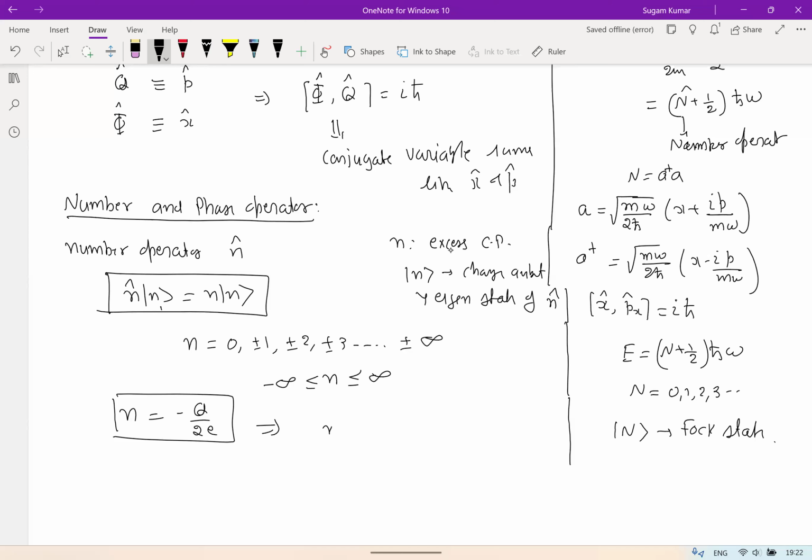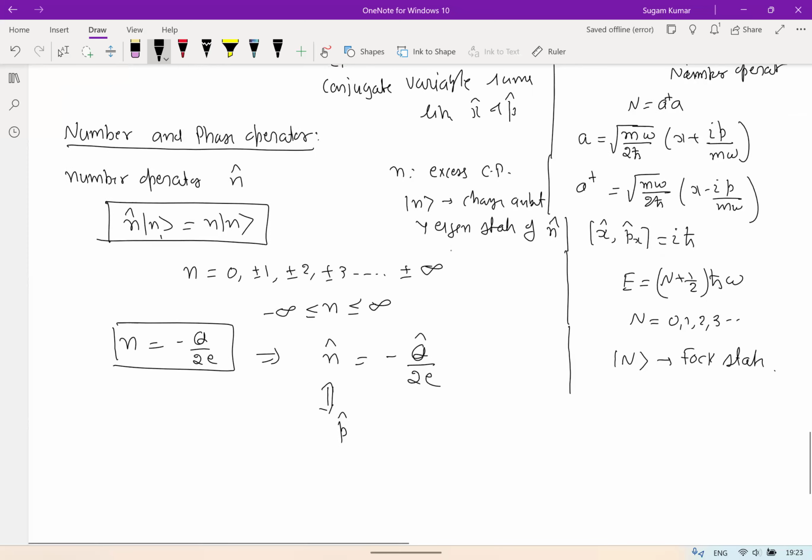But if you write the same in the operator form, in principle I can say this is again equivalent to a p operator. And of course, we already know about this phi. The phi is equal to capital phi upon phi naught.